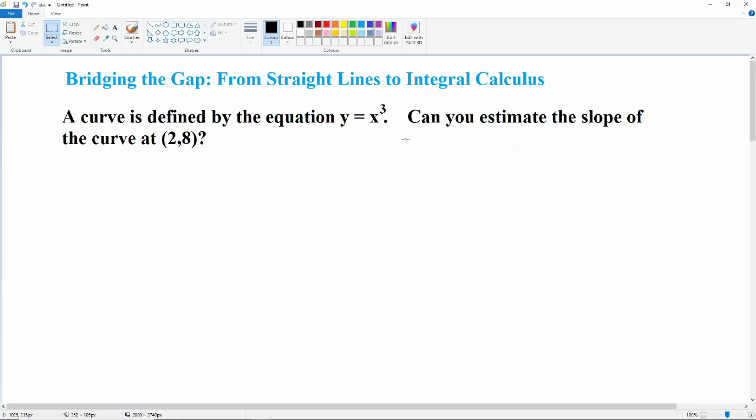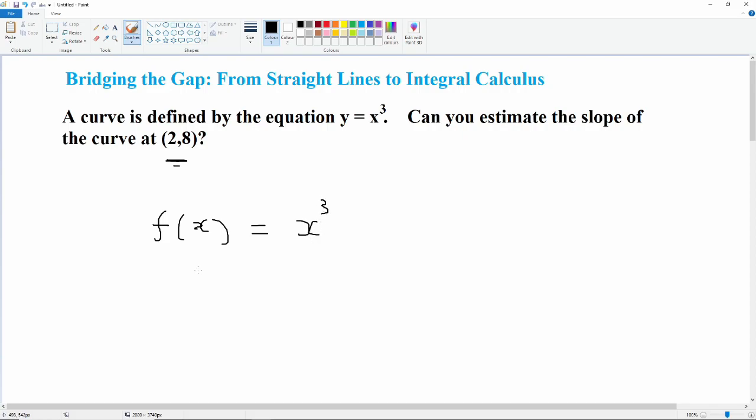Okay, can we do better than that though? Because that was a lot of work, and what would be really nice is if we had some kind of function where we could plug in our point and it would give us the slope. So what we would like is something like an f of x is equal to, let's say, x cubed.